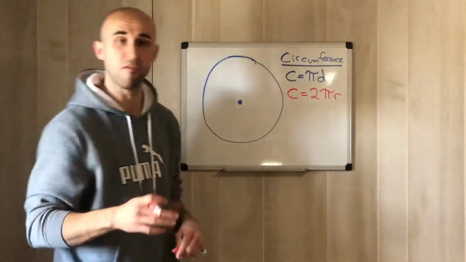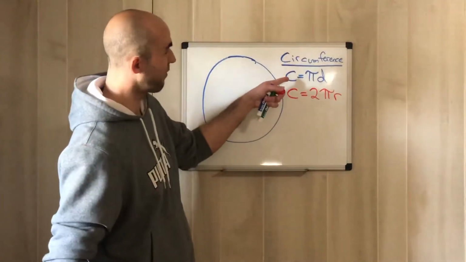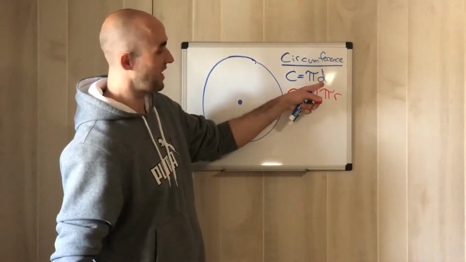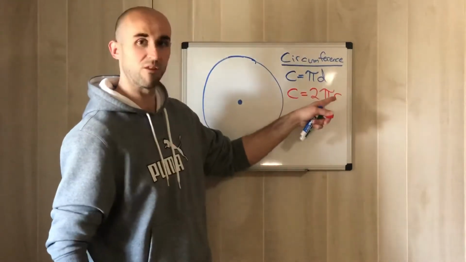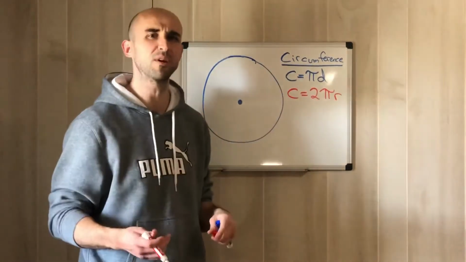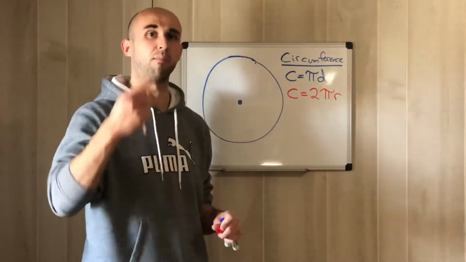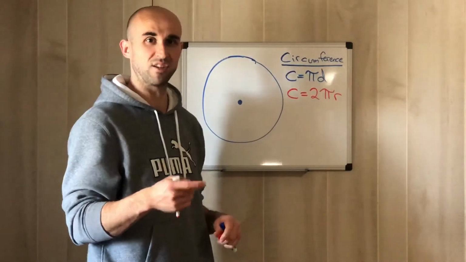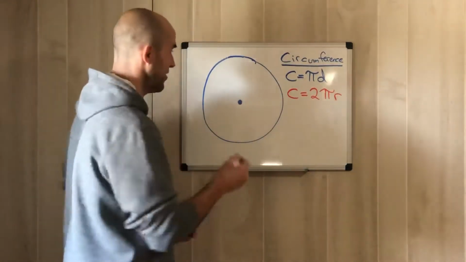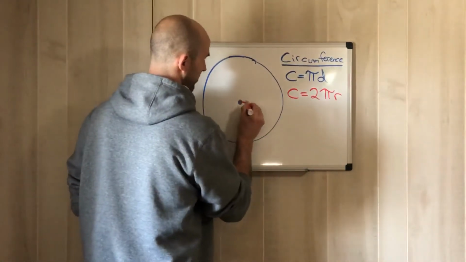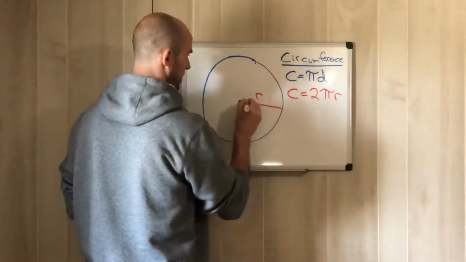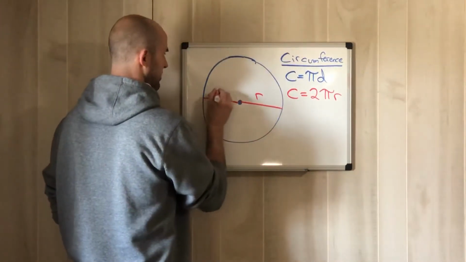Again, they both give you circumference, it's just that one formula is using the diameter, the other formula is using the radius. And the best way you can think of it this way is one diameter is double the radius, which means that 2 radii make a diameter, just like this. Where if that's a radius, and this would be a radius, right?